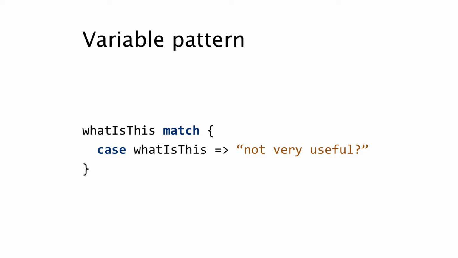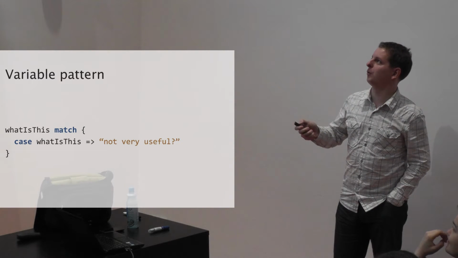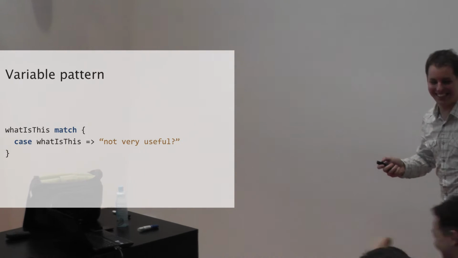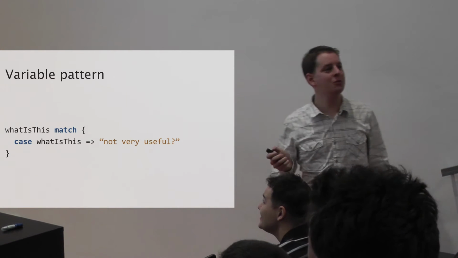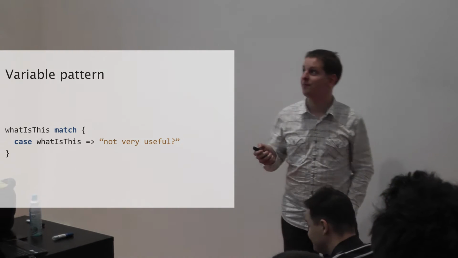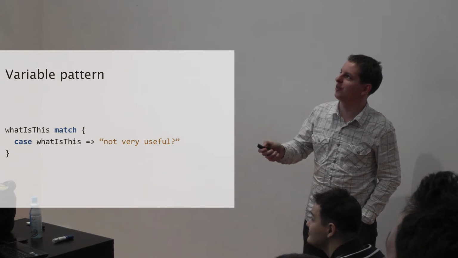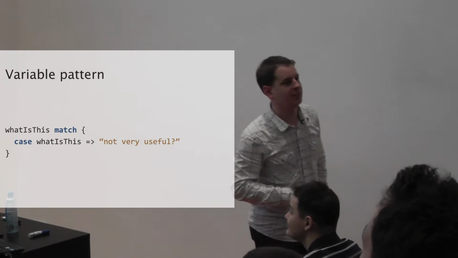Okay, so what happens in this case? What do you think will happen in this code? This will create a new variable called whatIsThis, which will shadow the original variable whatIsThis.